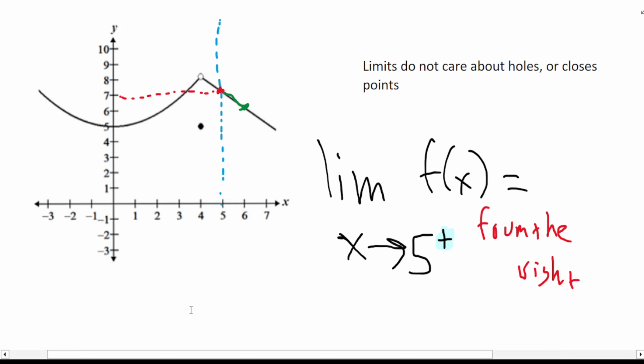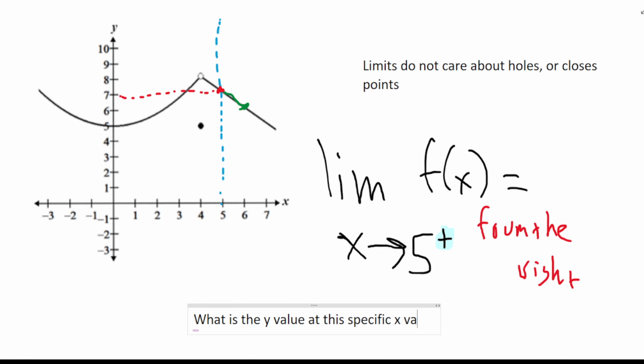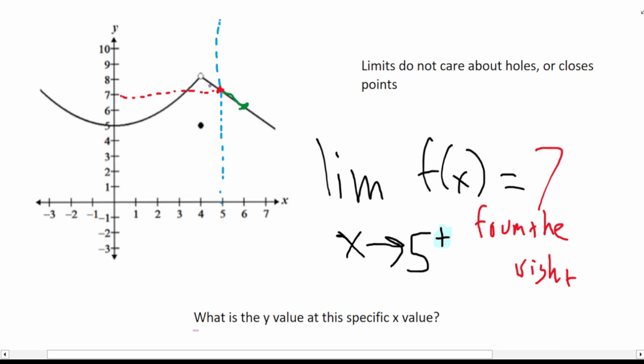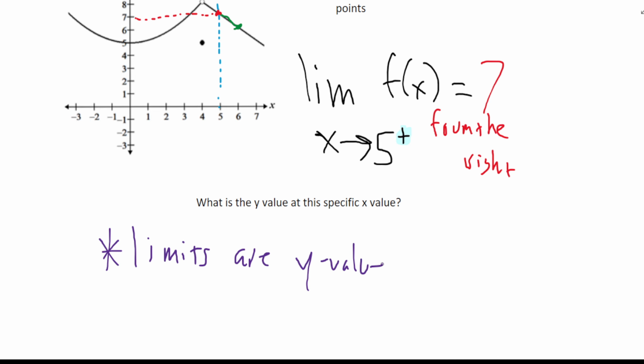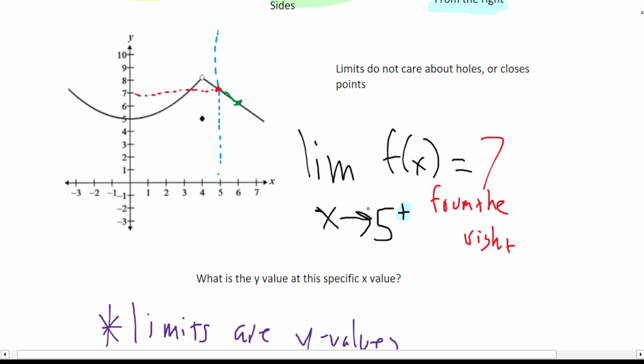And basically, I ask myself, what is the y value at this specific x value? In this case, the limit as x approaches 5 from the right side is equal to 7. Because another quintessential thing you want to understand about limits is, limits are y values. That's essentially all that limits are from an algebraic perspective. And that's going to serve you very easily for a lot of these graphs.